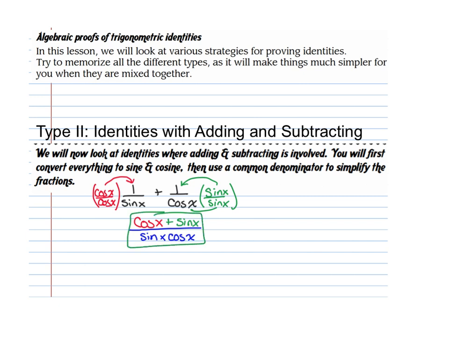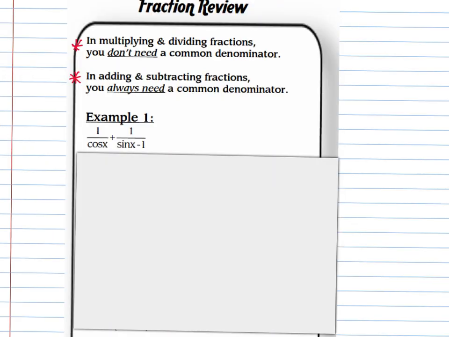This is simplified form. We're not verifying anything yet. We're just simplifying so we get a gist of how to manipulate things. So again, if we want to get a common denominator, we have to multiply top and bottom of each one by what we want. We know we want the common denominator to be a combination of those denominators.